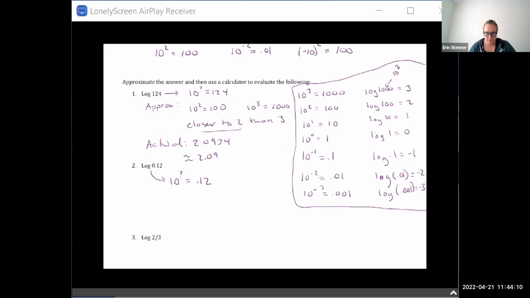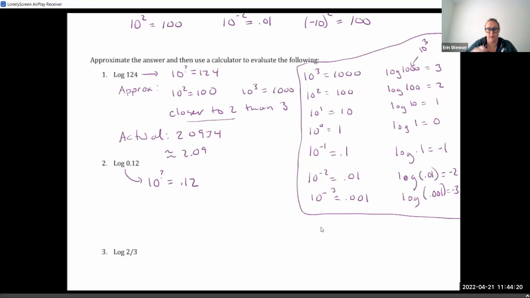Okay, so especially when we're dealing with small numbers, this can be a little harder to wrap our brain around. So let's think of a number line. Looking at our powers of 10 here, I've got 1, and next to it 0.1, and then way down here, I would have 0.01.